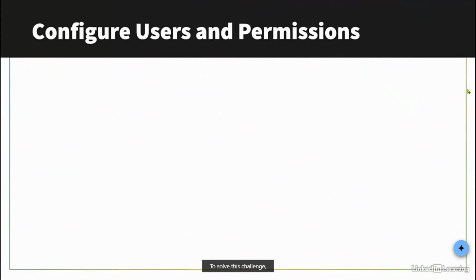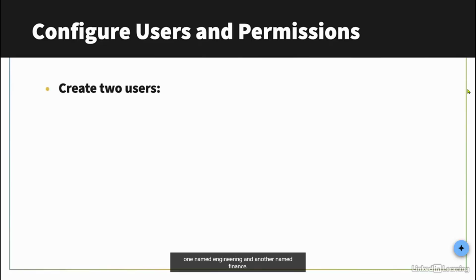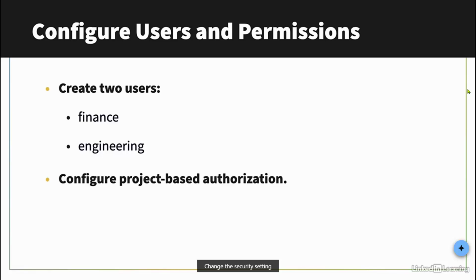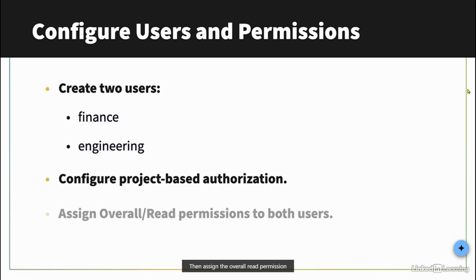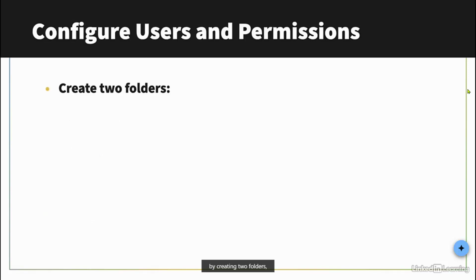To solve this challenge, complete the following steps. Create two users, one named Engineering and another named Finance. Change the security setting on your Jenkins server to use a project-based authorization strategy. Then assign the overall read permission to both users. Next, demonstrate limited access by creating two folders, one named Engineering Jobs and another named Finance Jobs.